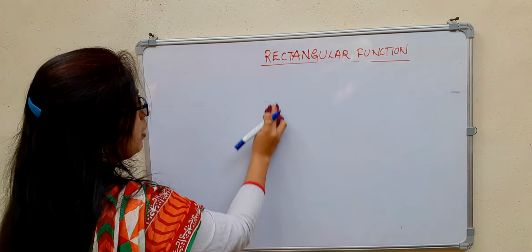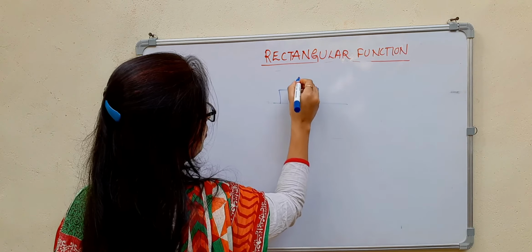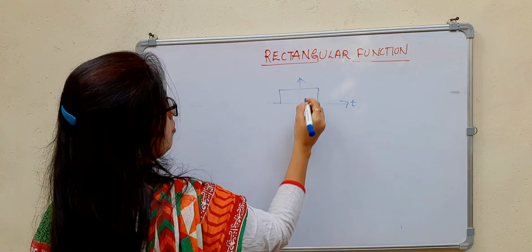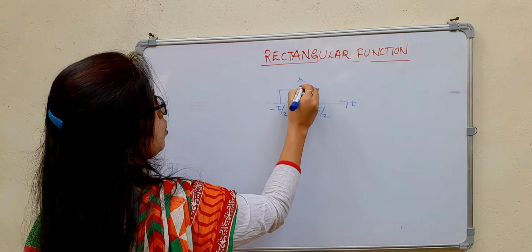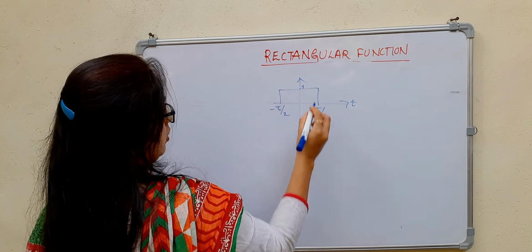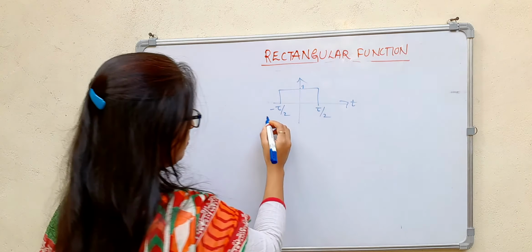This rectangular function can be represented in terms of u of t. If I consider this as minus tau by 2, this is tau by 2, and this is 1. How will you represent this in terms of unit step function?